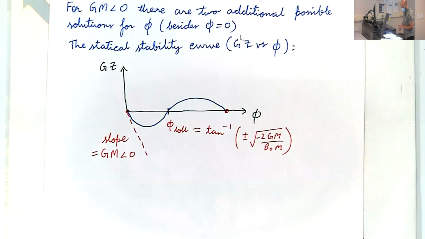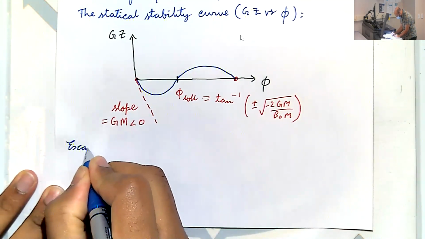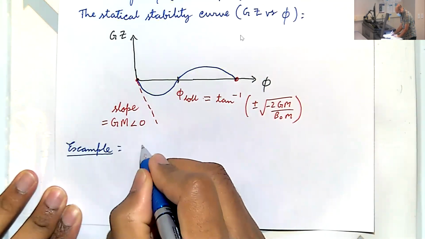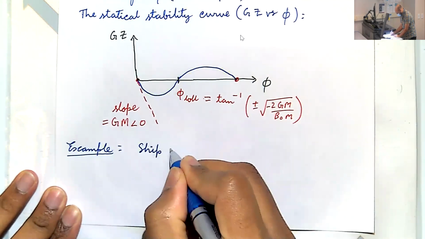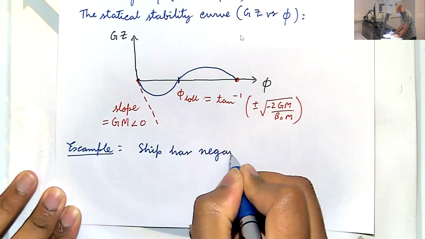Okay, let's do an example. We're given a ship with negative GM.